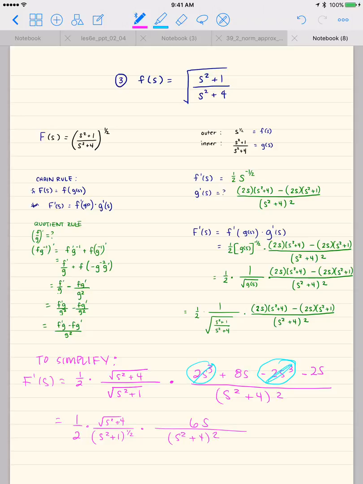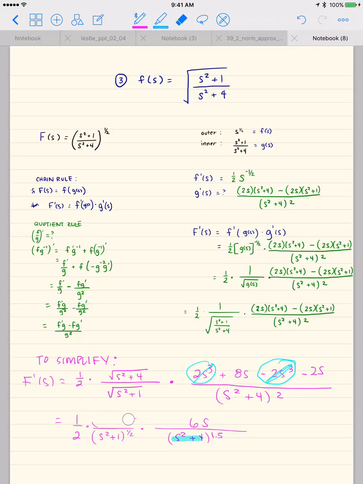So I can rewrite this numerator as s squared plus 4 to the 1/2. And now this 1/2 and this 2, because the base is the same, we can do some canceling. And instead of having 2, we can have 1.5 out here, right?